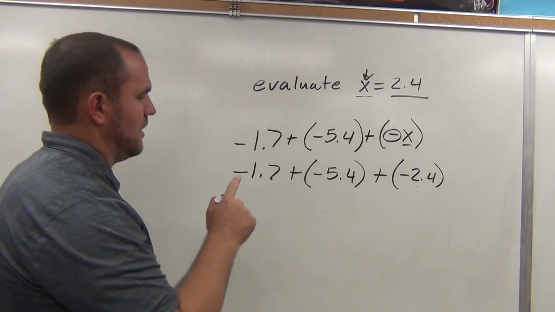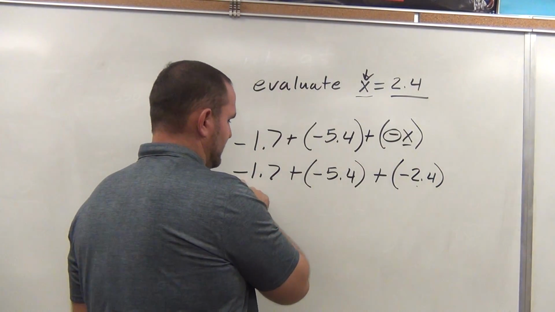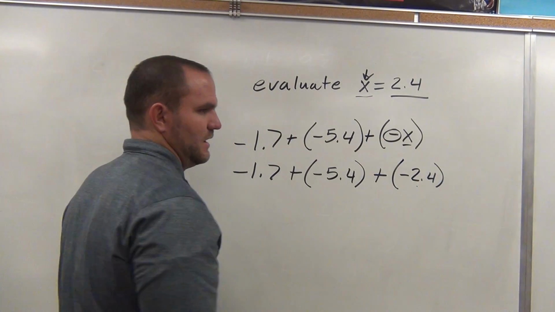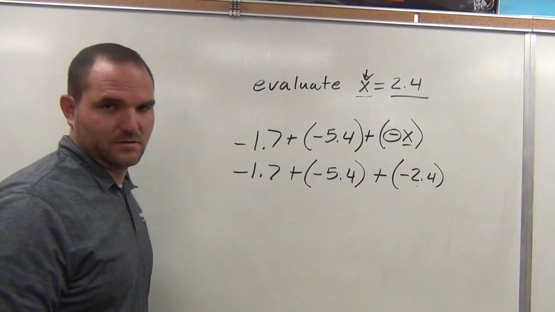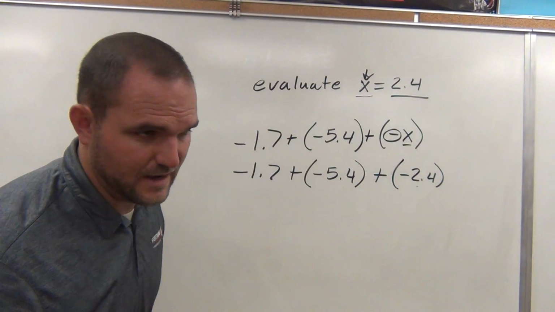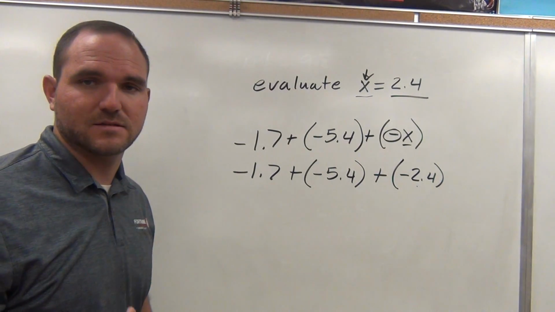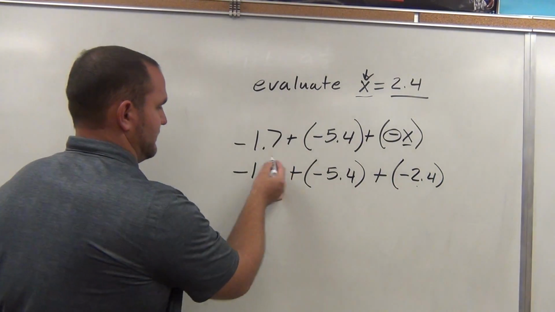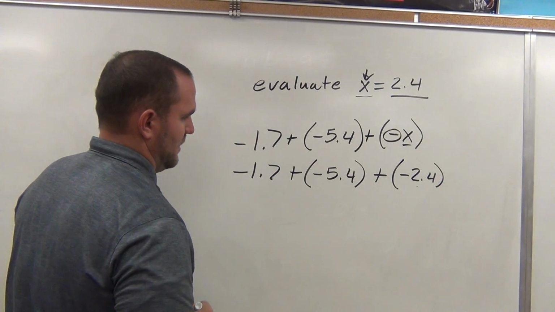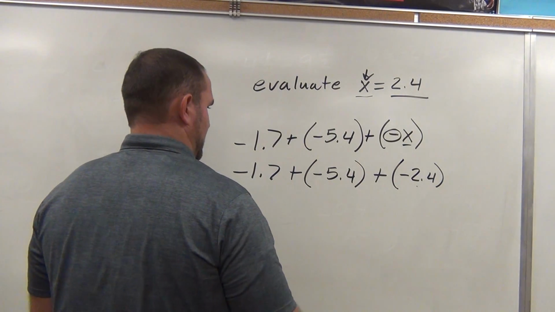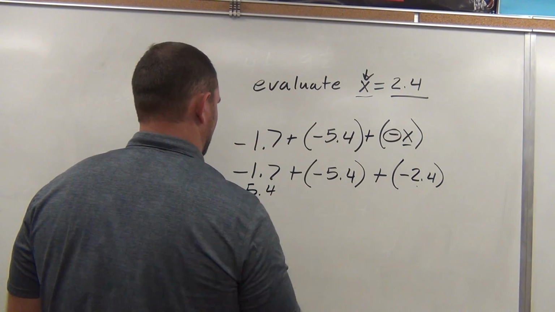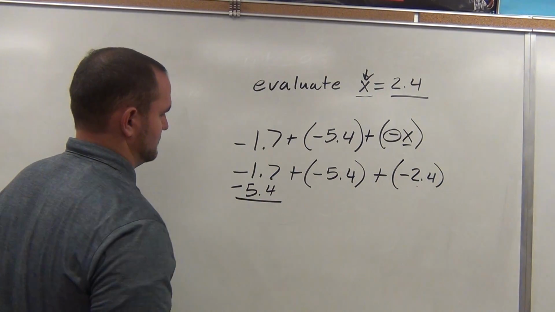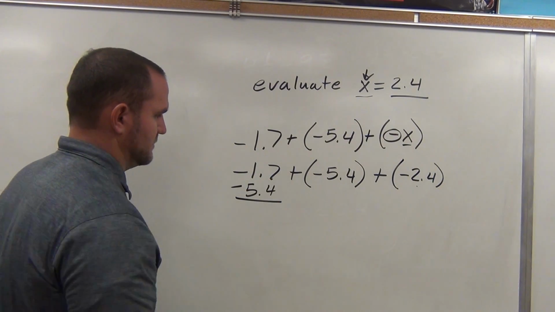Now, all of the signs are the same. Negative, negative, negative. That means that we are going to start out with a negative 1.7, and we're going to continue to go down, so you can add these all together. I can go down again, so if I did it the long way here, you could put those together.